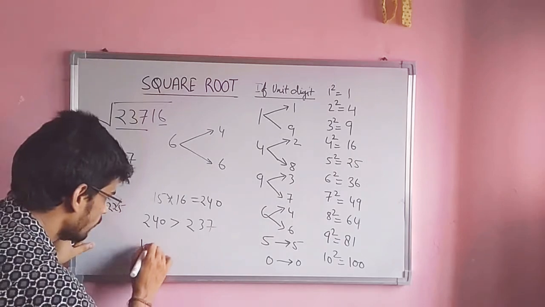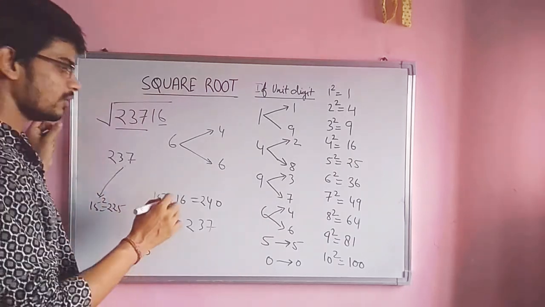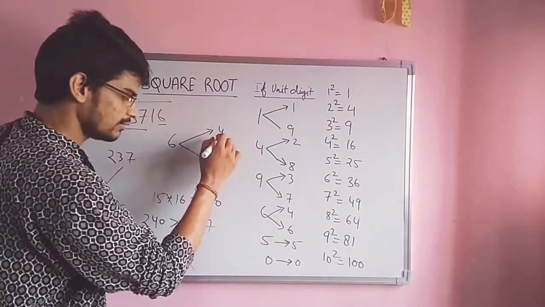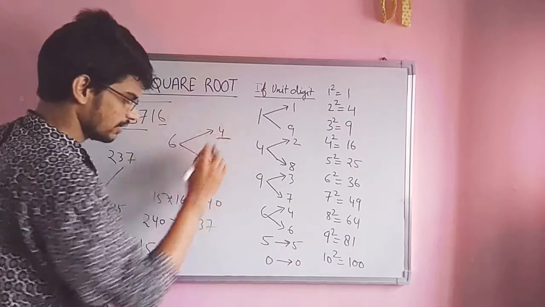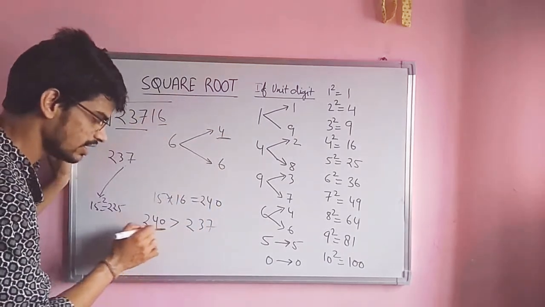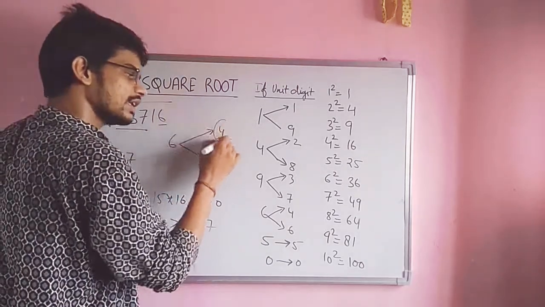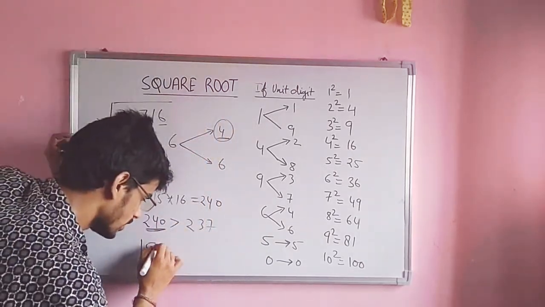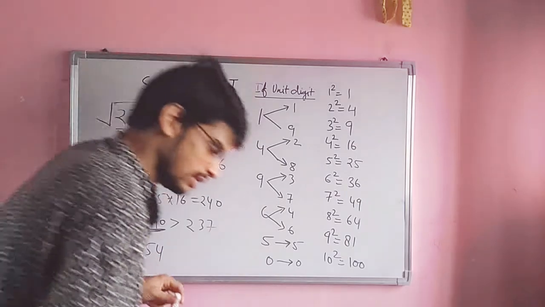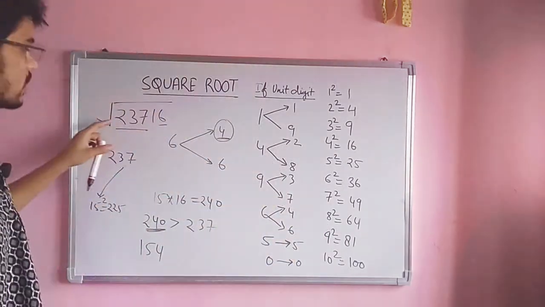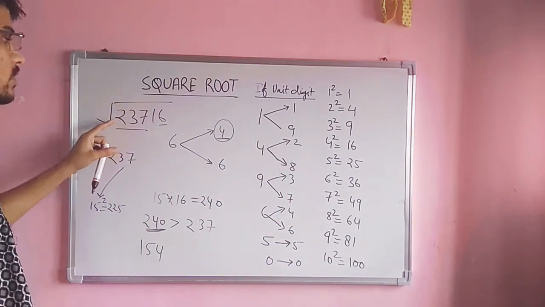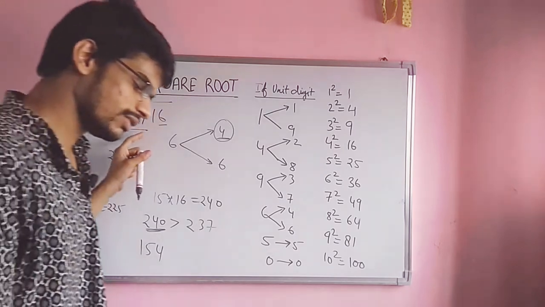Take the 15 from here, and the lesser value from here, because it is greater than the given value. That's why we take the lesser value. We calculated the square root of 23716 is 154.